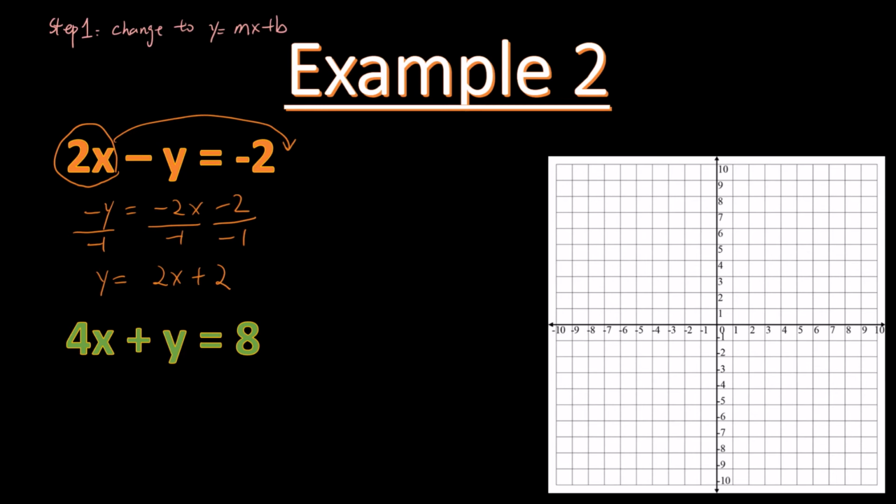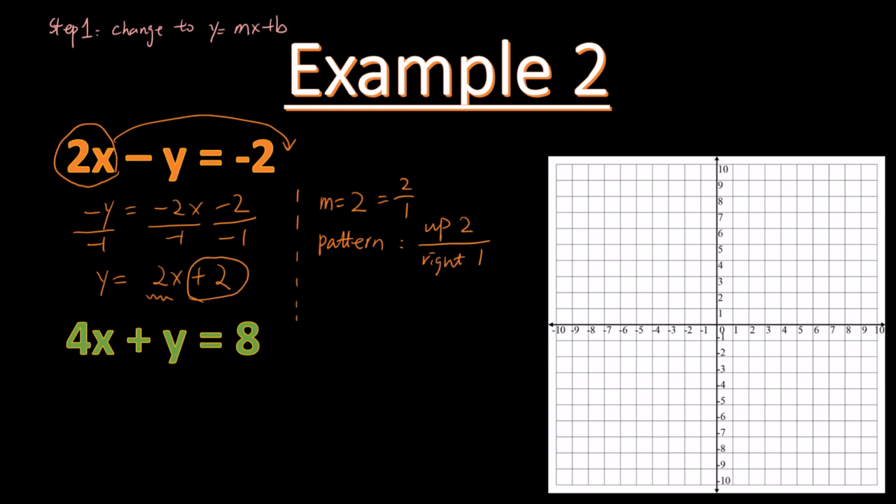Because it is in slope-intercept form, we can identify the slope and the y-intercept. The m is 2, because the 2 is the coefficient of the x. We rewrite the 2 as a fraction, which is 2 over 1. And from here, we can see the pattern of the line, which is up 2, right 1.